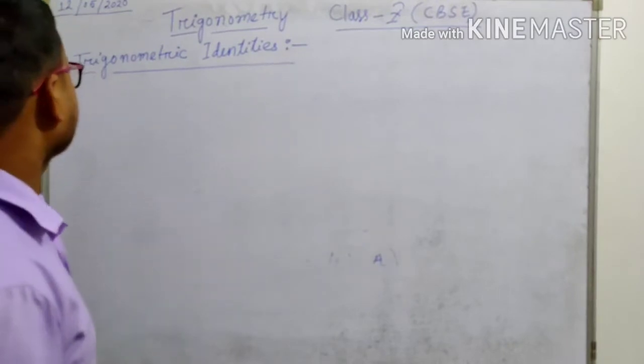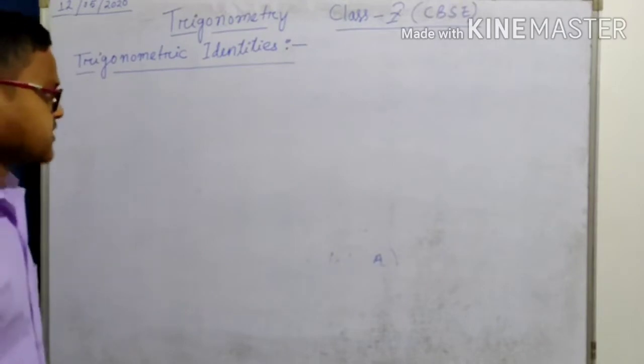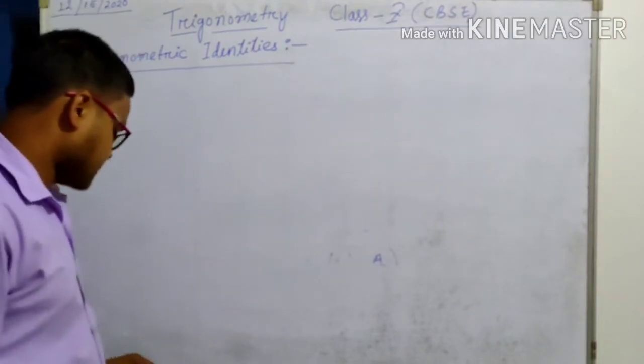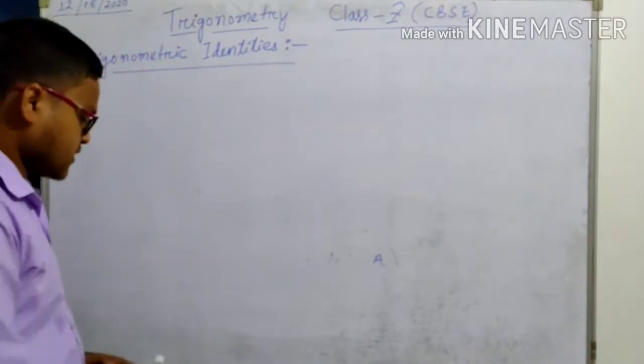Now I will teach about trigonometric identity. Let's see how trigonometric identities are related with the angles.